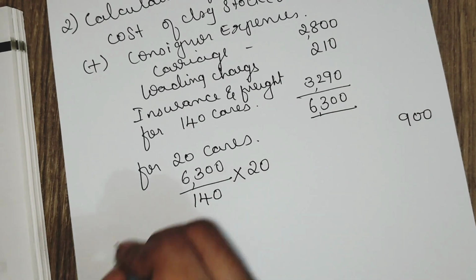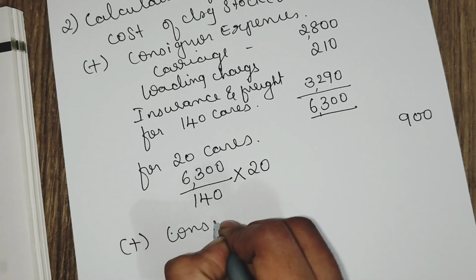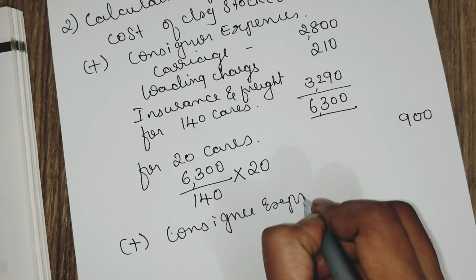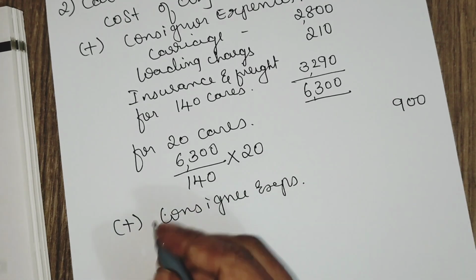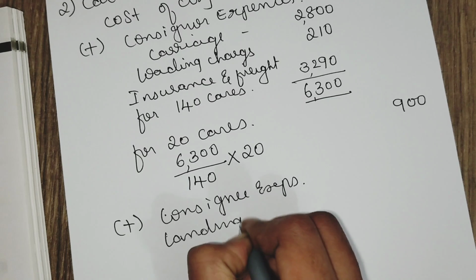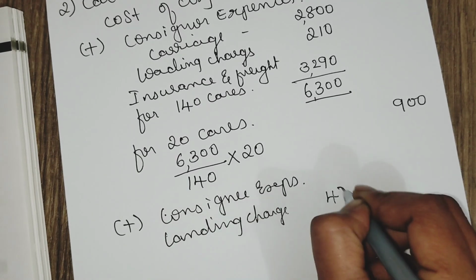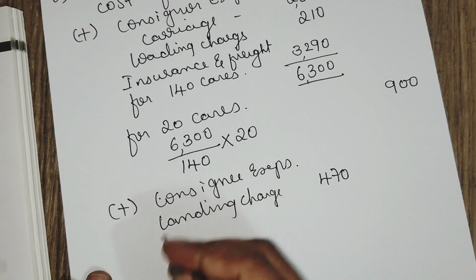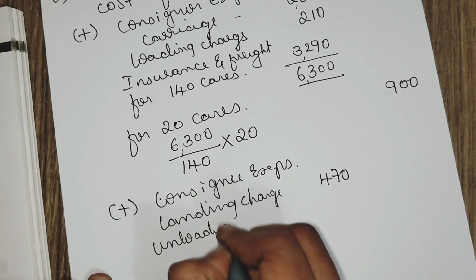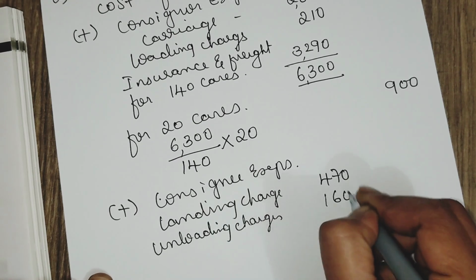Now you have to add the consignee expenses also. Consignee expenses: landing charge 470, unloading charge 160.